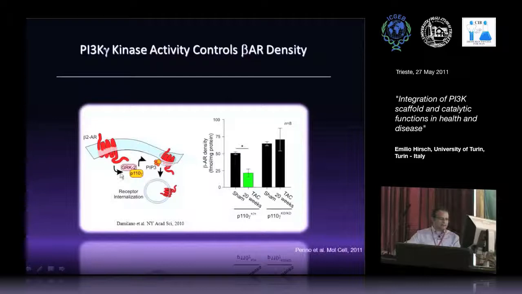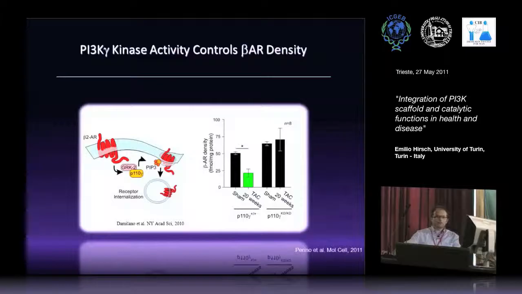So basically the idea is that the production of PIP3 around activated G protein-coupled receptors allows internalization. The internalization of G protein-coupled receptors, and in the heart the best known are of course the adrenergic receptors, the beta adrenergic receptors, is a crucial event in heart failure.